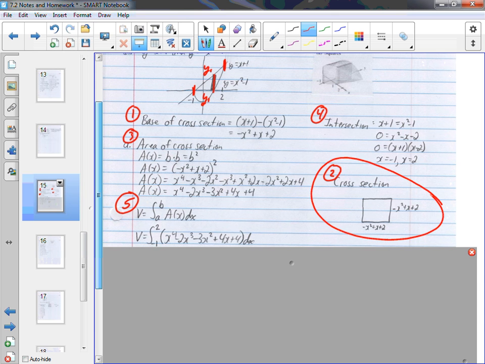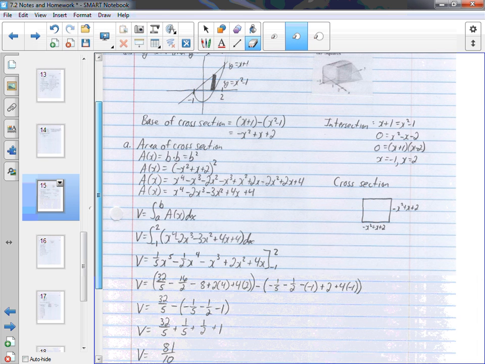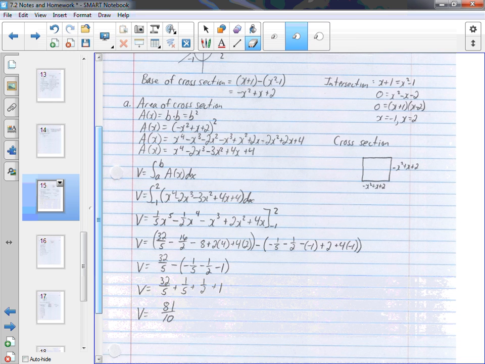But then finding how to get the area of the cross section, well, that'll be different, which means step 3 will be different. Step 4 ought to be the same, okay? But when you get different cross sections, you got to take that into account. All right. You get the antiderivative, you plug, you chug, you get 81 over 10.